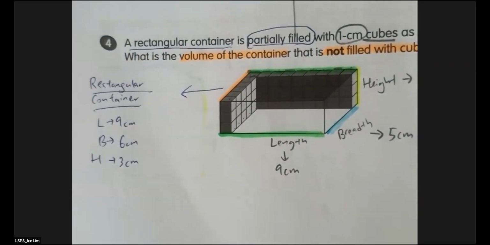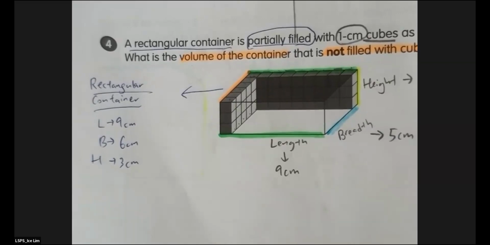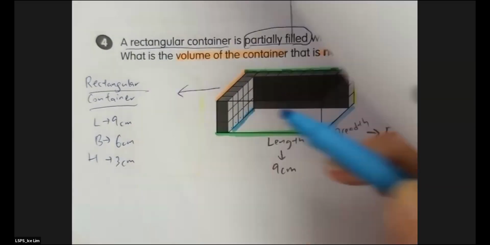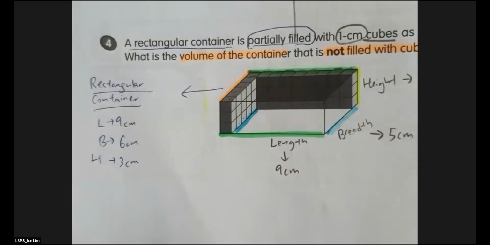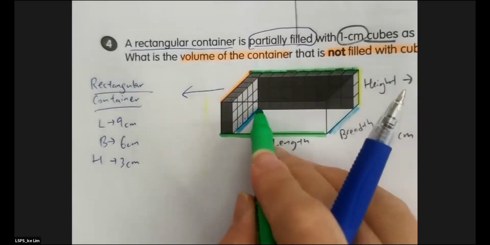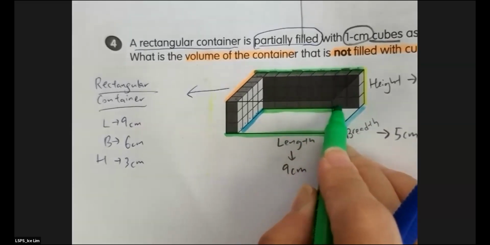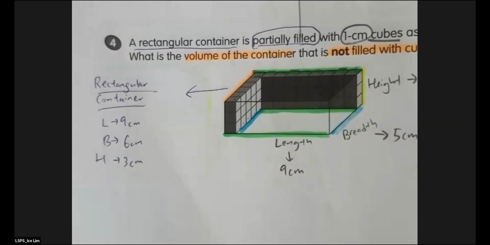However, things change when I fill the container with some cubes. What changed? The breadth inside changed. The length inside changed. Can you see?